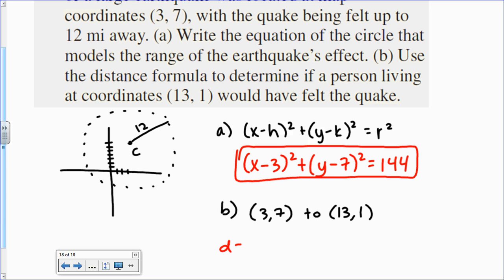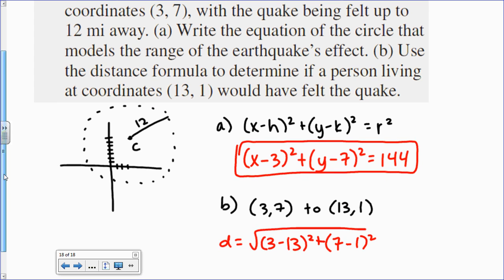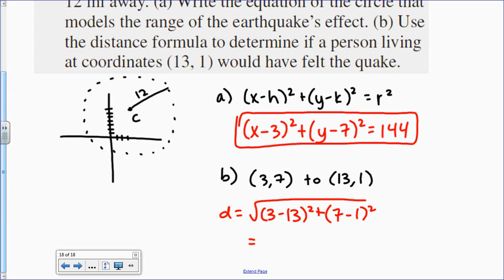Okay. So distance formula, x1 minus x2, so 3 minus 13 squared plus y1 minus y2, 7 minus 1 squared. So underneath, we should get 136.